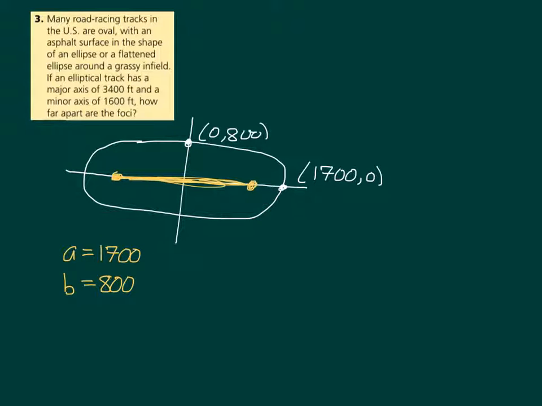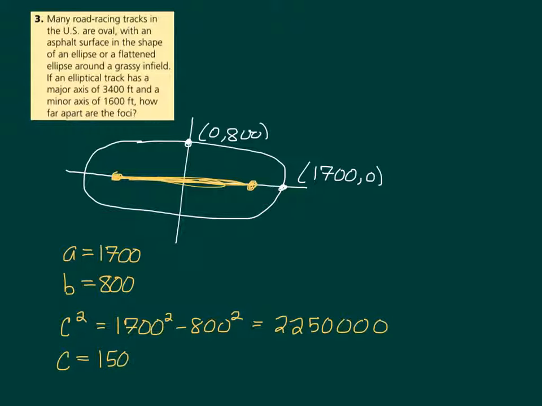So we use those to find C. C squared is 1,700 squared minus 800 squared. And what is 1,700 squared minus 800 squared? I believe it is 2,250,000. So what is C? It's exactly 1,500. So C is 1,500.